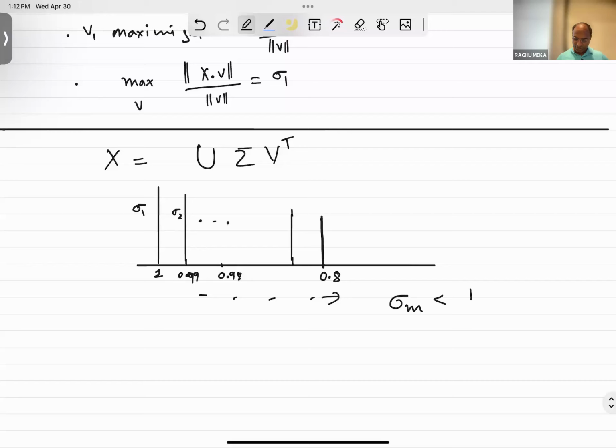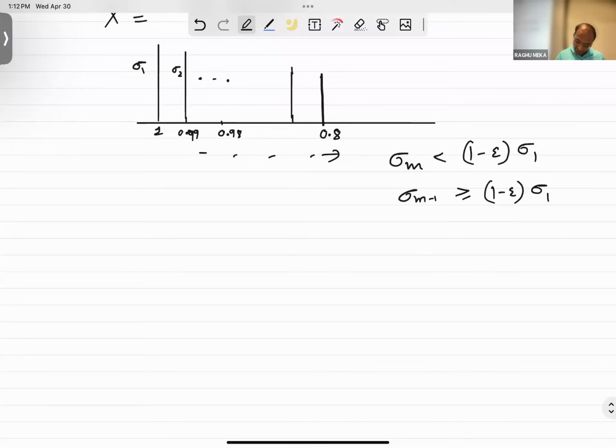So sigma m is less than 1 minus epsilon times sigma 1, but sigma m minus 1 is greater than or equal to 1 minus epsilon times sigma 1. So you have some threshold epsilon, and you keep going until, relatively speaking, your singular value has dropped by that much. Maybe it's the 10th one, maybe it's the 100th one, but wherever that happens, that's what you're looking at.